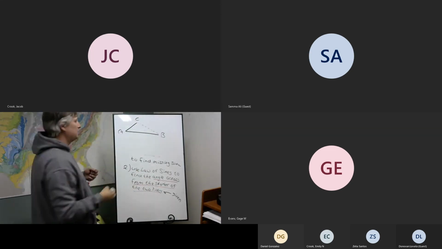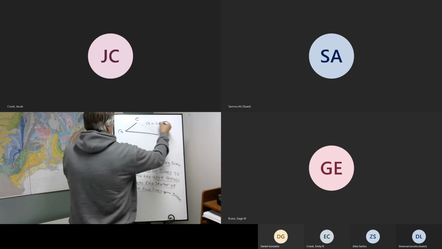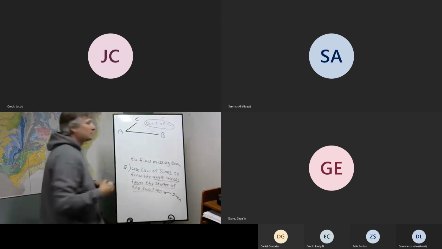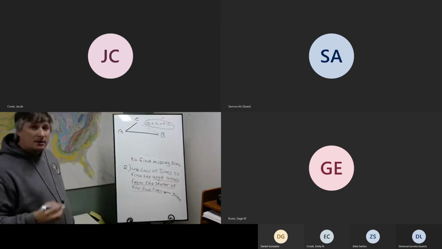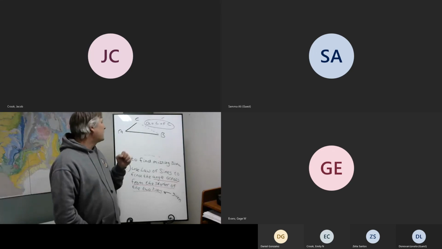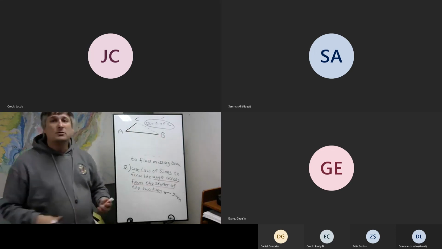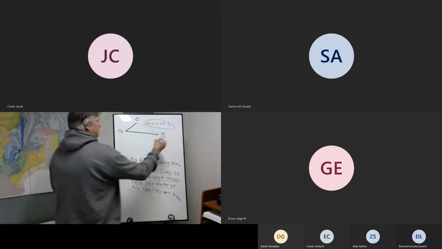The first thing we're going to do is use the law of cosines. That's going to be number one. Number two, we're going to look at these two sides. The angle across from it, we're going to look for using the law of sines.